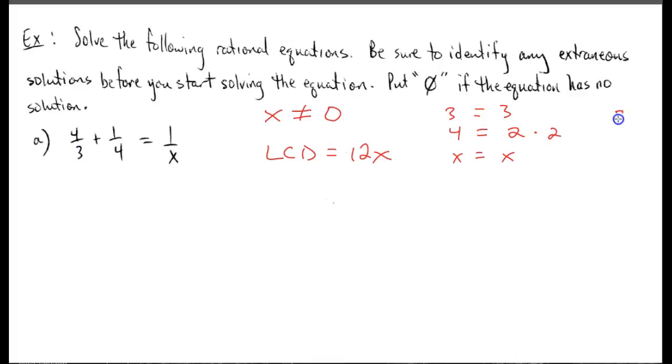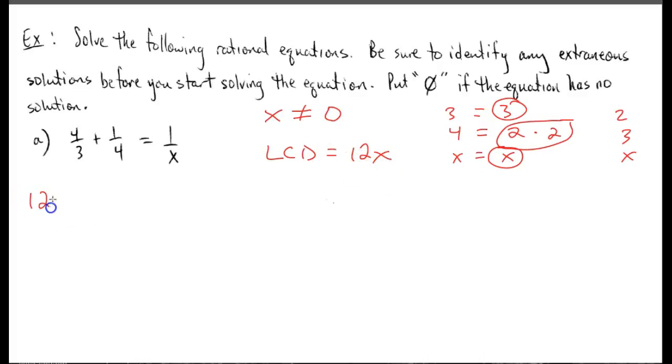And so we know we have 2s, 3s, and x's for our distinct prime factors. And so we just circle the most amount of 2s in a row, most amount of 3s, most amount of x's. And as you see, we've pretty much circled everything. So that is why we have an LCD of 12x here.